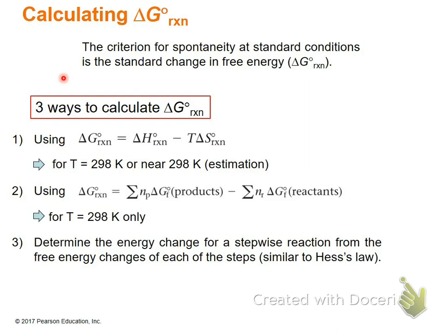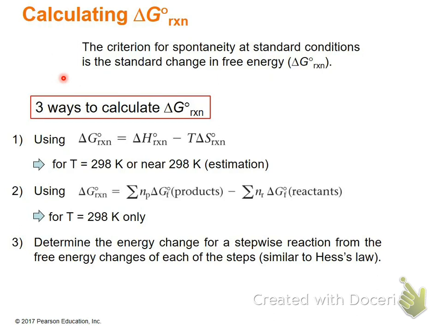And the second one is similar to how you would determine the delta S of reaction under standard conditions, by taking the sum of the delta G of formation of the products and then taking the sum of the delta G of formation of the reactants and then taking the difference between the two. Okay, and the last one here, number 3, is basically similar to Hess's law, in which you add up the chemical reaction equations and see if you get the actual overall reaction that we want.